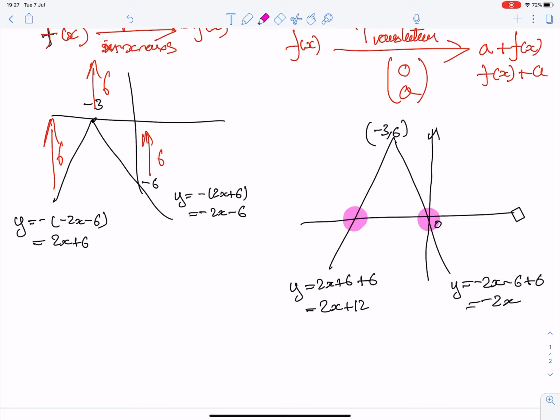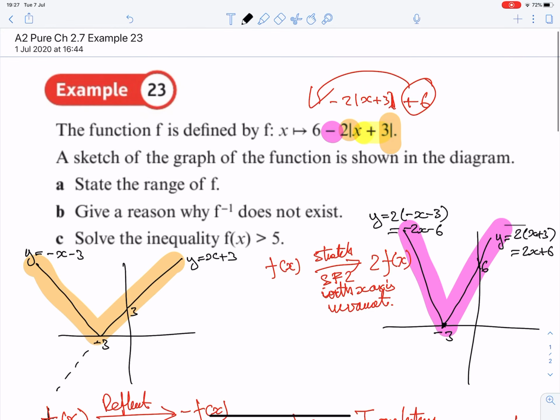We also probably should label this one. So that occurs when y equals 0. So at y equals 0, 0 equals 2x plus 12, x equals -6. So we can label that in there. And that pretty much completes our sketch.